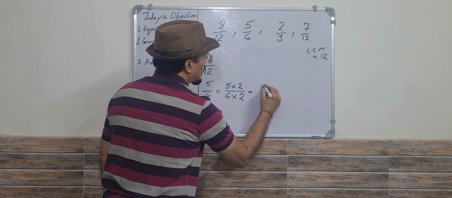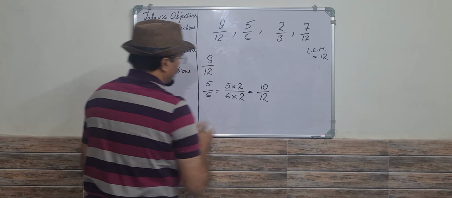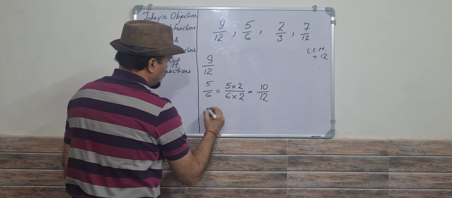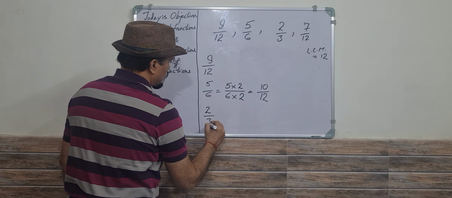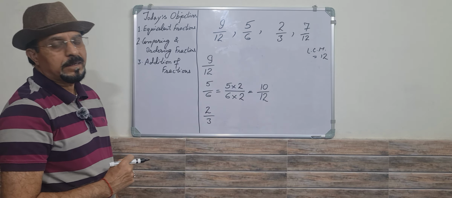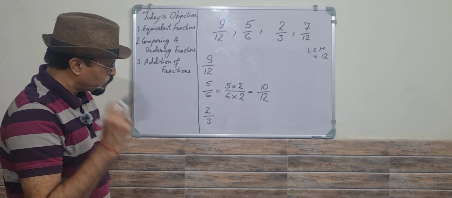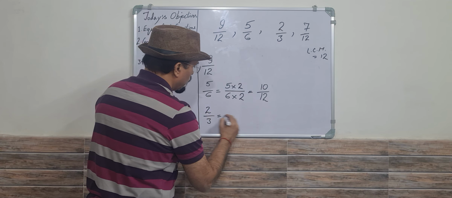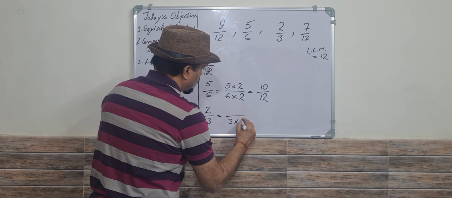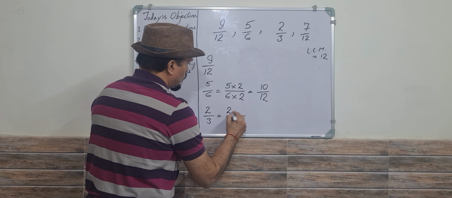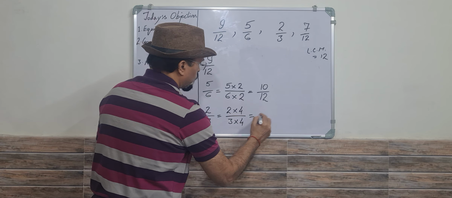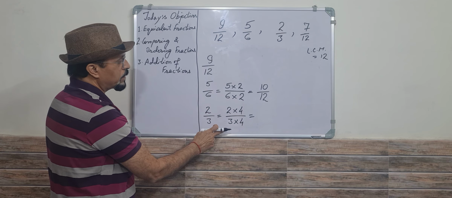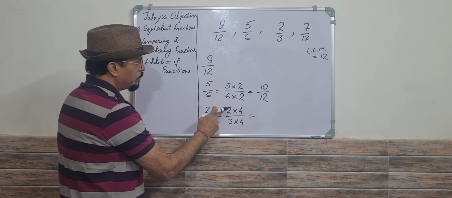So this is 10 upon 12. The third fraction is 2 by 3. So to achieve 12 in the denominator, I need to multiply the denominator by 4. So 2 also I have to multiply by 4. The numerator and denominator have to be multiplied by the same number.